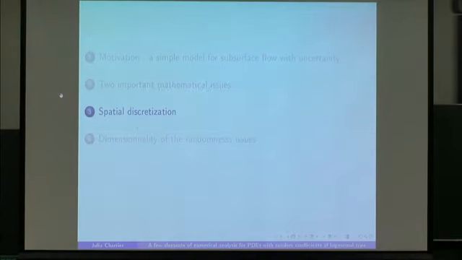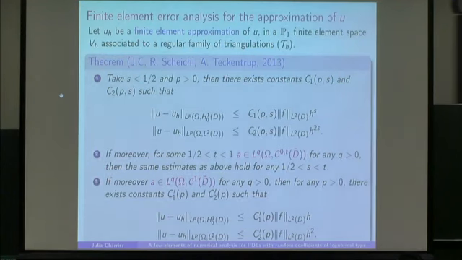Now we have the two ingredients to get bounds for the spatial discretization, these two ingredients being the spatial regularity and how to deal with unboundedness. I won't give all the details, but there are two things which are important.